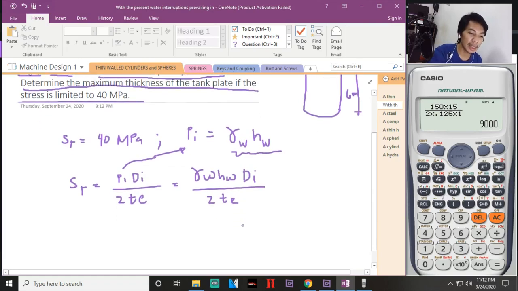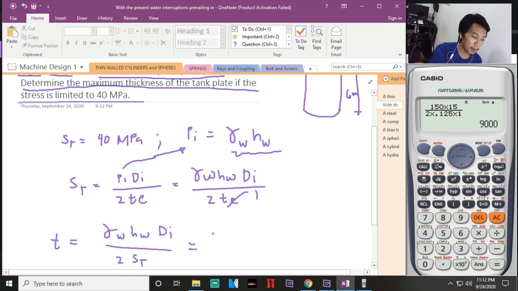Wala naman binigay na E. So, gawin natin tong 1. Okay? So, ST, ano ba hinahanap natin? Si T. The thickness, maximum thickness of the plate. So, i-reform natin T. So, T equals gamma ni water, H ni water, Di over 2ST. Wala na si E, that is 1. Okay?